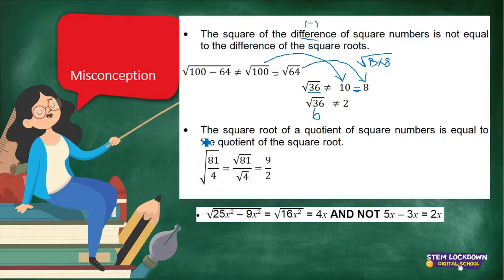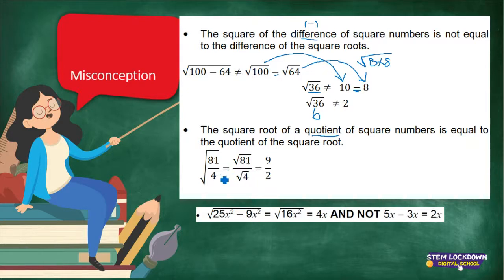But this is true. The square root of a quotient, the answer you get from dividing, of square numbers is equal to the quotient of the square roots. In other words, the square root of 81 divided by 4 is equal to the square root of 81 divided by the square root of 4.